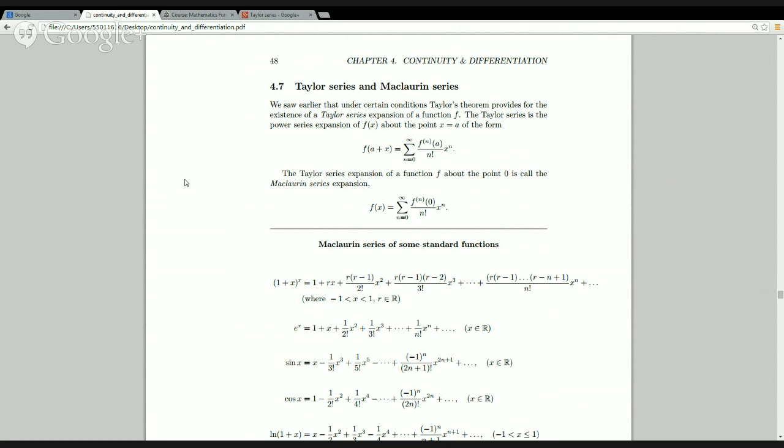So just recall in general, the power series is the name we give to a function that's defined by an infinite series, okay?